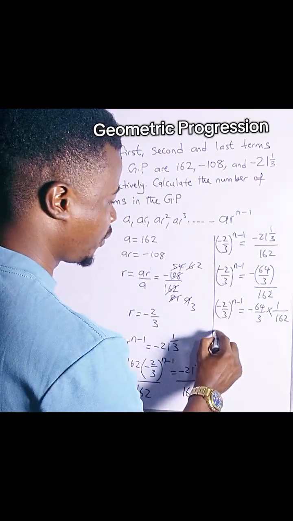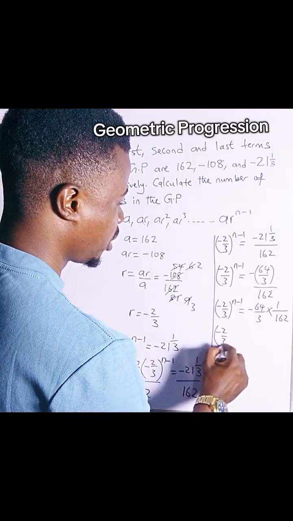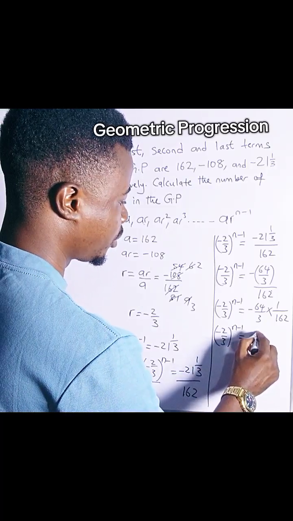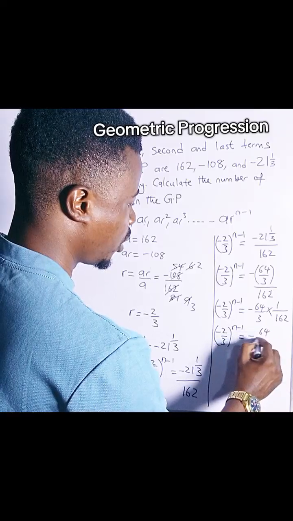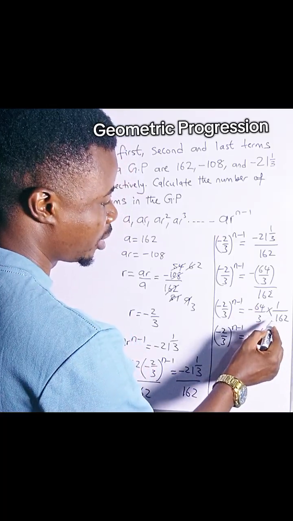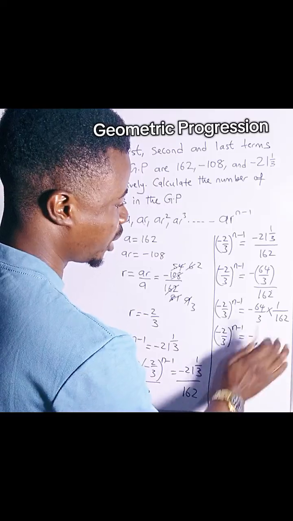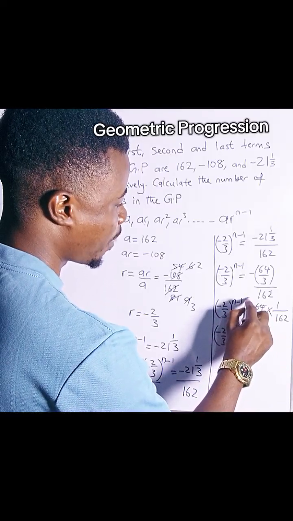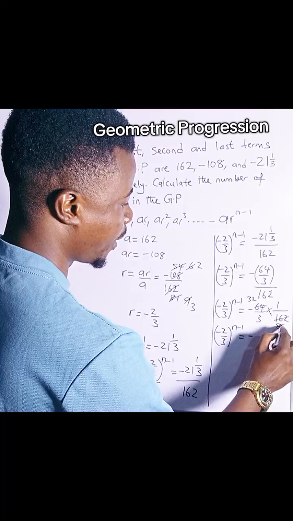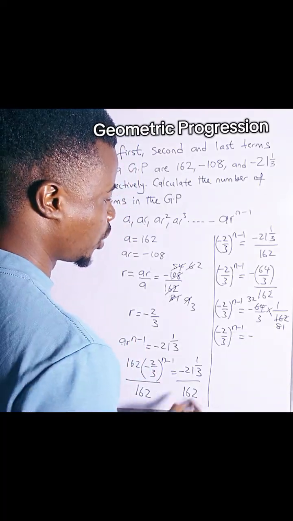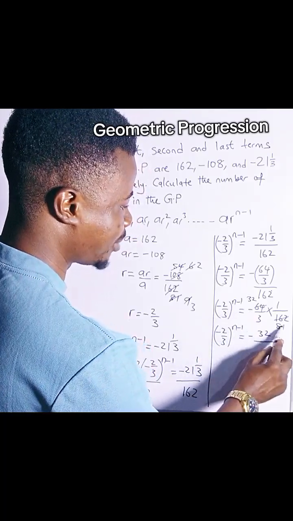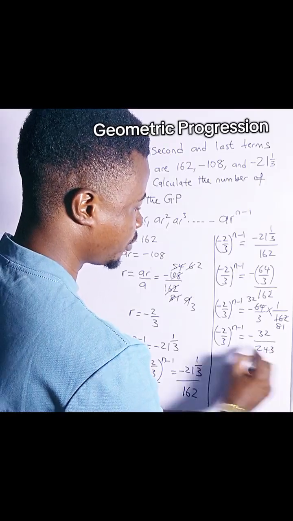Now you have minus 64 all over 162 times 3. Before that, you can simplify: 2 can go into 64, 32 times, and 2 can go into 162, 81. So now you have minus 32 all over 3 times 81, which is 243.